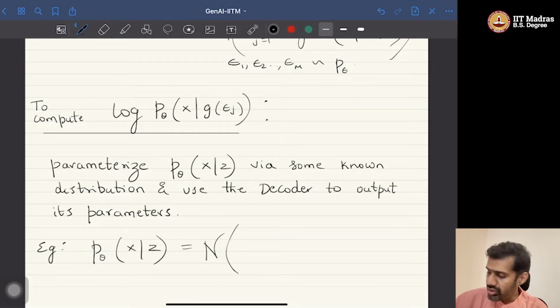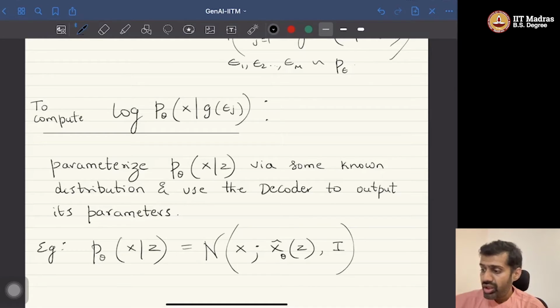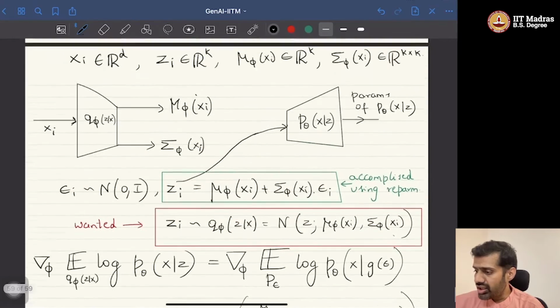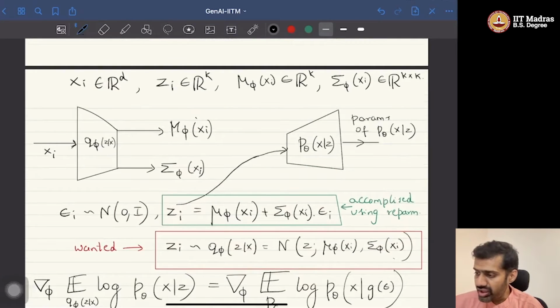Assume that this is a Gaussian distribution on x, and let's say that the mean of this distribution is some x cap theta of z, and the variance of this distribution is identity. Now what does that mean? That means that the decoder here, the parameters of p theta of x given z, are actually some mean, which I have called x cap of theta, and it is taking z i as an input.